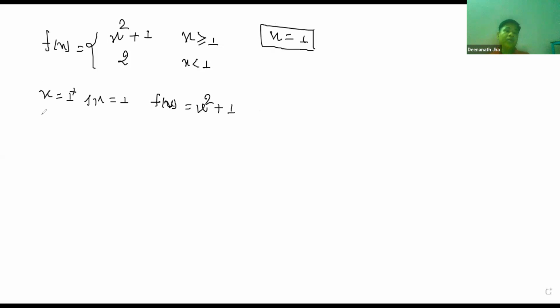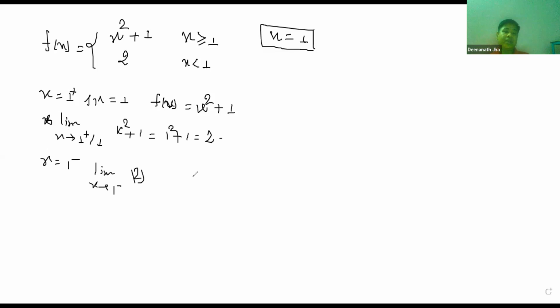This is the simplest question, but when you solve in the board examination, I will solve it by a different method. Limit x tends to 1 plus of x squared plus 1 is 1 squared plus 1, equal to 2. Now, when you take x tends to 1 minus, it is 2, so it is also 2.